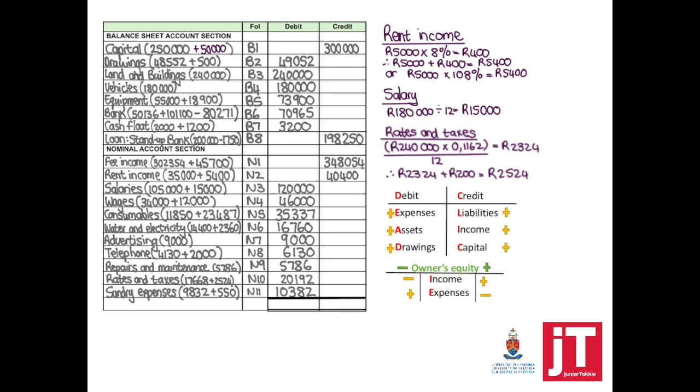If we take the debit side and add all those figures on the debit side, it gives you a total of 886,704. Now you should know the debit side should be equal to the credit side. So if I now add everything up on the credit side, it does equal exactly the same figure, which means that we've done this correctly.